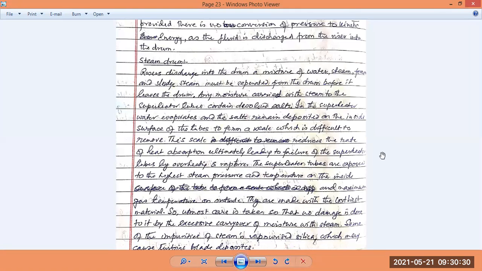Because if the vapor supply to the superheater has certain deposits, certain salts inside, the salt will not superheat, and it will go on depositing inside the wall of the superheater. And what will happen?